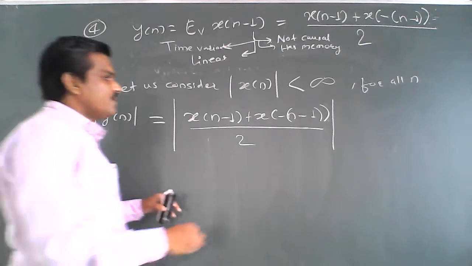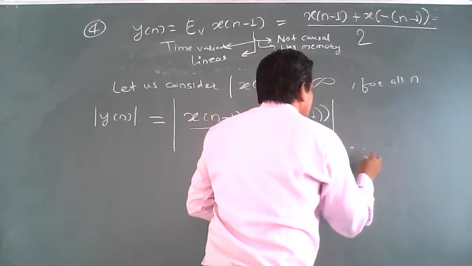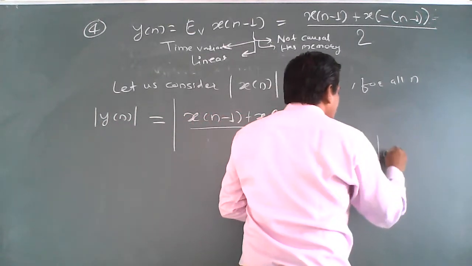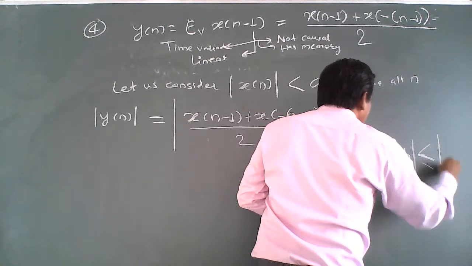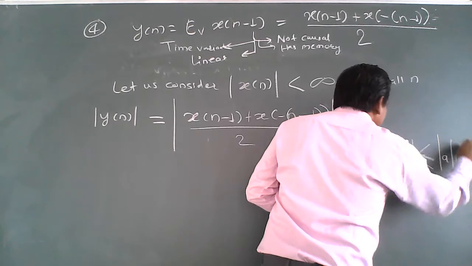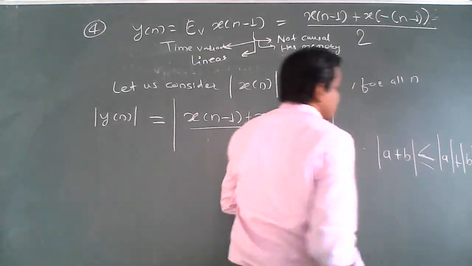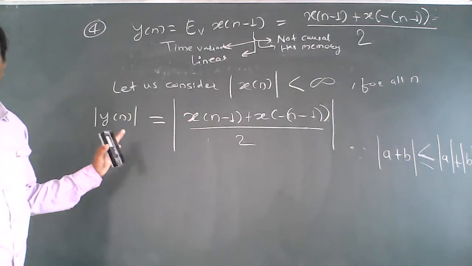Now we know that mod of a plus b is less than or equals to mod of a plus mod of b.